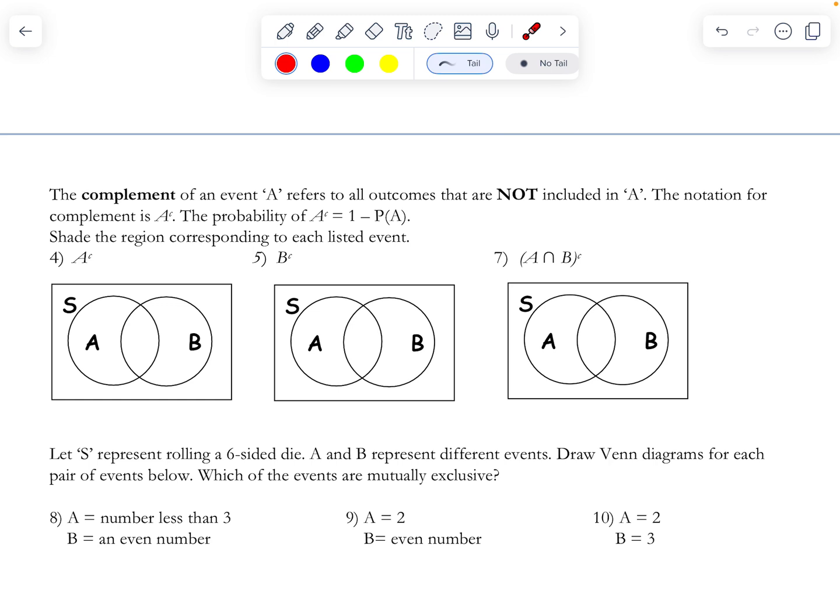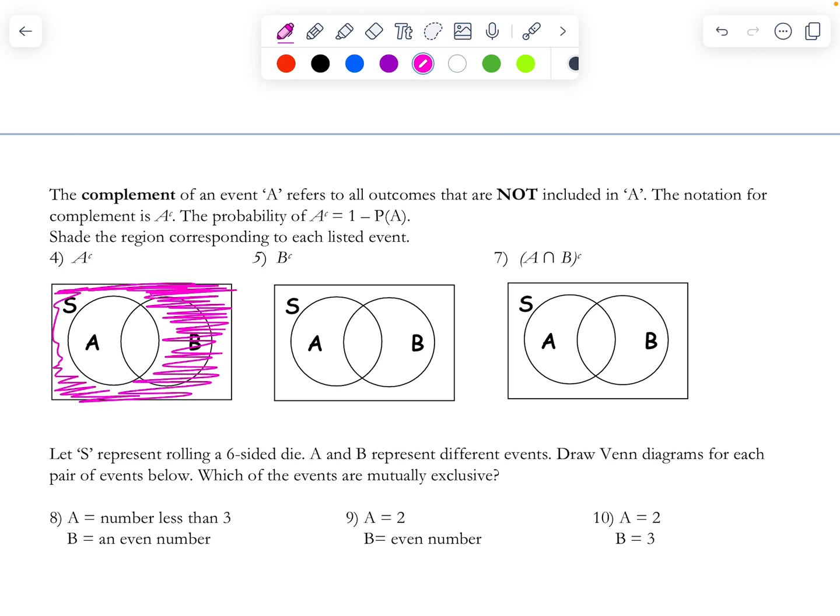So this shows us the probability that A is not going to happen. I shade in everything but A. I'm not going to shade in circle A, and I can't even shade in where they intersect.